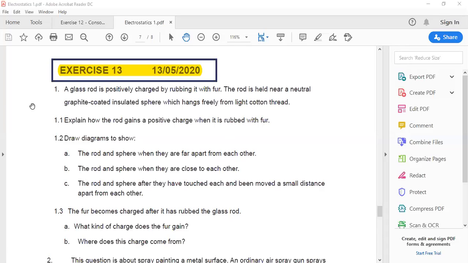A glass rod is positively charged by rubbing it with fur. The rod is held near a neutral graphite coated insulated sphere, which hangs freely. So basically your diagrams need to show the rod is positive. Let me just see if I can open the whiteboard. My system is a bit slow.